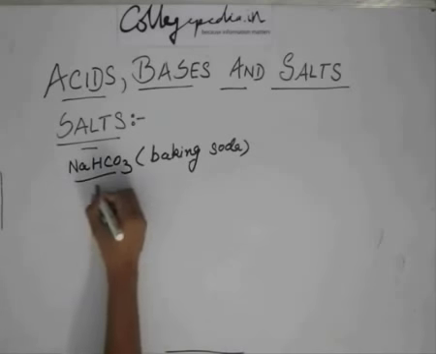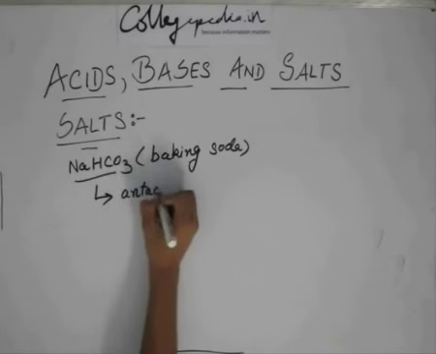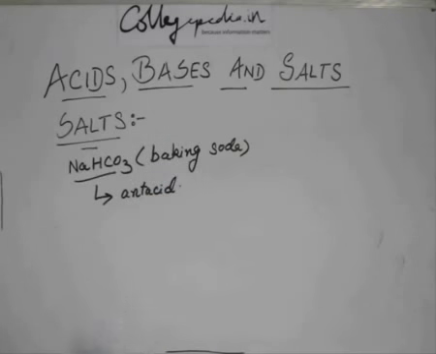Apart from that, it is also used as an antacid because it is a basic salt. For antacids you might be thinking that we can use NaOH also, but NaOH is a very strong base. Our body does not contain such a strong acid which needs such a strong base for its neutralization.